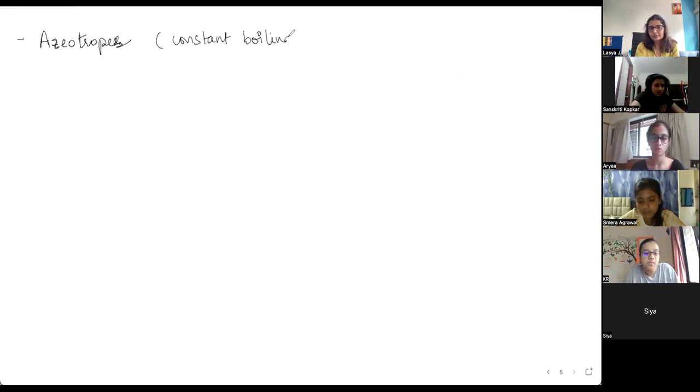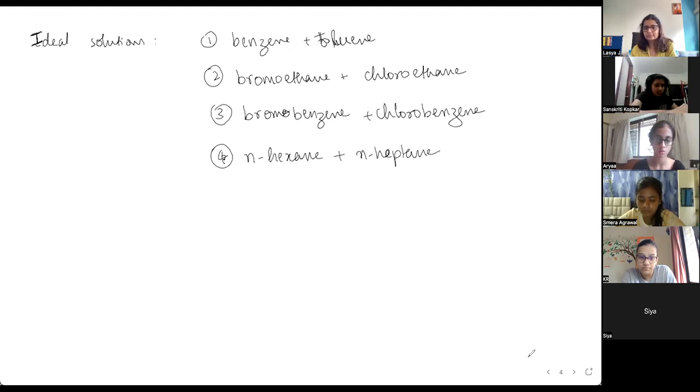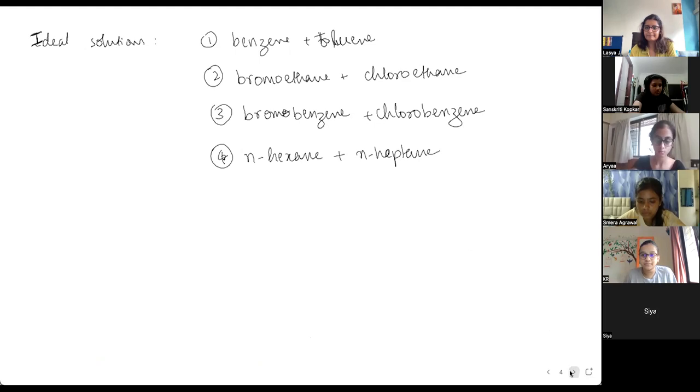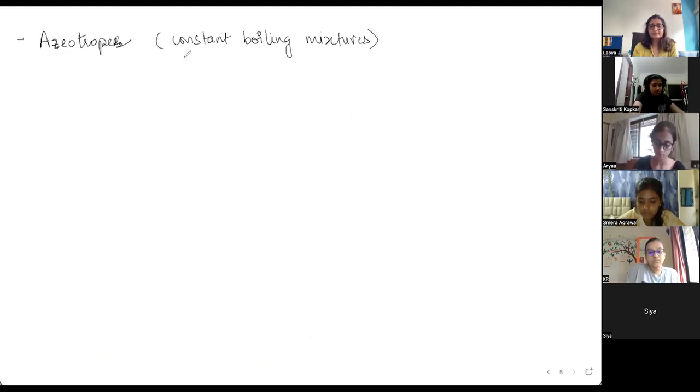Yeah, one moment. No, before this. Yeah. Azeotropes, basically constant boiling mixtures. What do you mean by constant boiling mixtures?